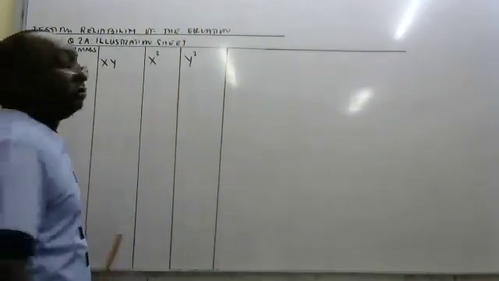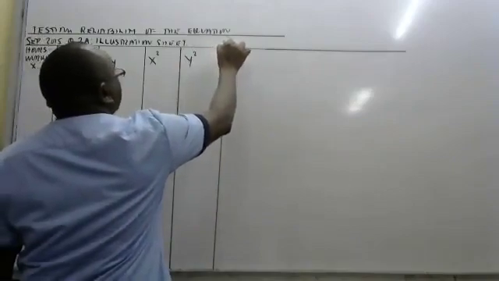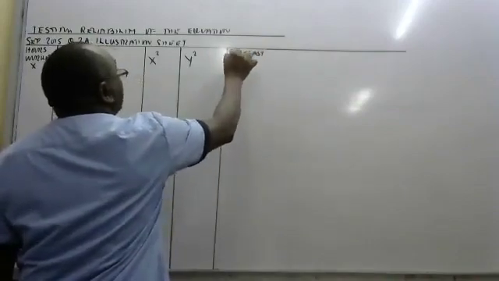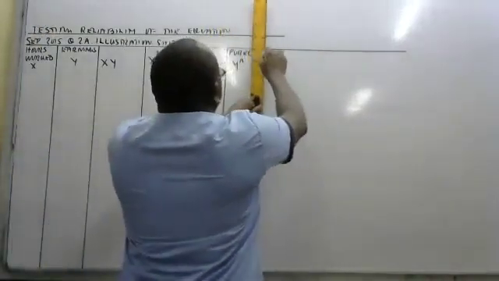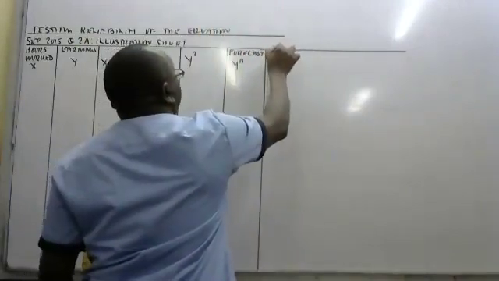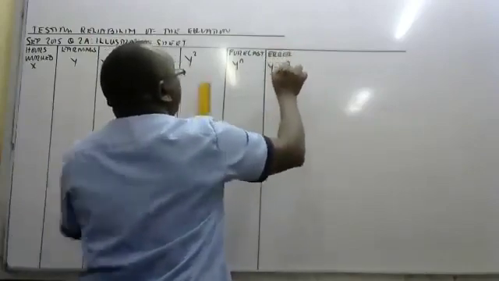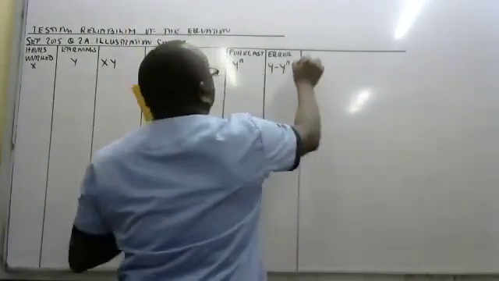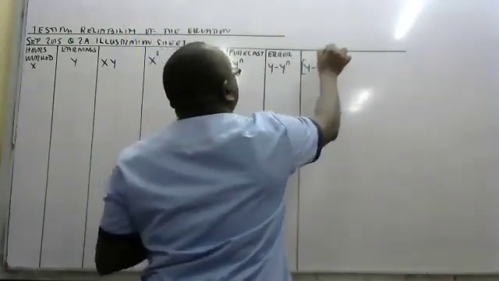I will have a column where I will talk of the forecasts, and the forecasts, when you are in time series, is Y predicted. Then we will have the error, and the error is Y minus Y predicted. Then I will have Y minus Y predicted squared.